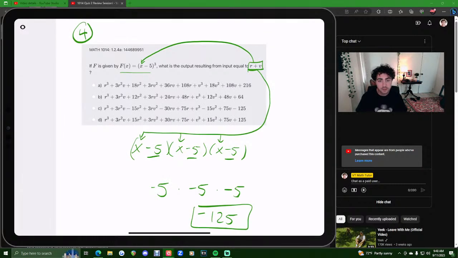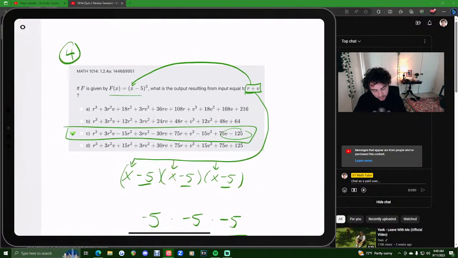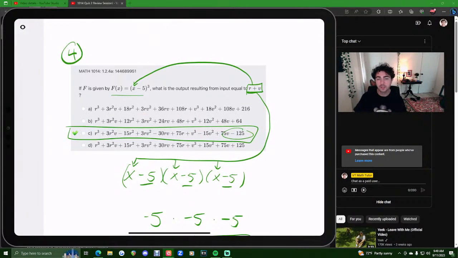So my trick or my advice is just look for the answer with negative 125 in it and save yourself some time. And that'll be it. Okay? These are the hard versions of this problem. There might be other variations where you actually might have to plug in the r plus v, but it'll be a more doable evaluation or expansion of whatever.